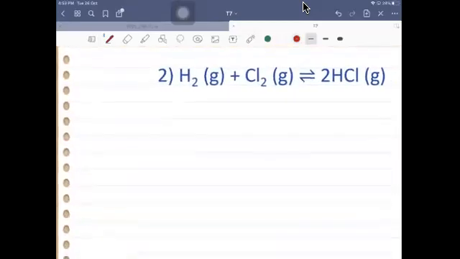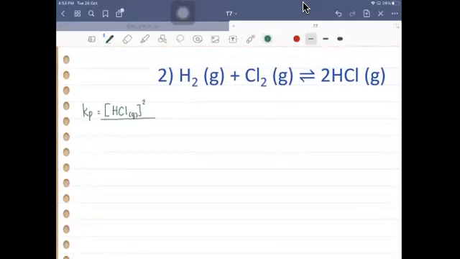So this is now a system of the formation of hydrogen chloride gas from hydrogen gas and chlorine gas. Okay, so to write down the Kp, it will be the concentration of product, and my product is hydrogen chloride gas raised to the power of 2. That's the stoichiometric number.